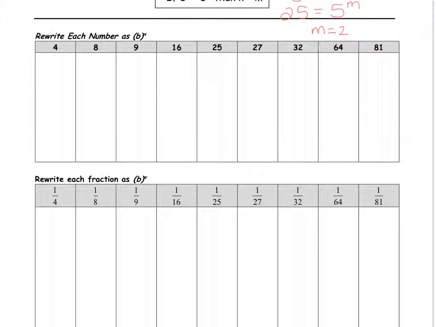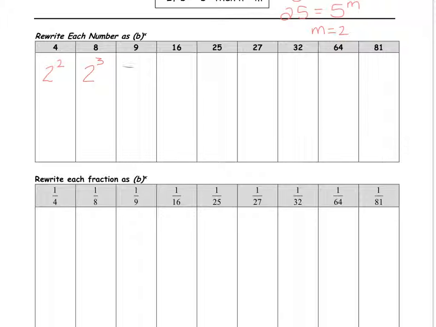For example, 4. 4 is a number that I can rewrite as 2 to the second power. How about 8? 8 is also another number that I could write using a base of 2. 2 to the third power will give me 8. How about 9? Is there a number that you could use to rewrite 9?